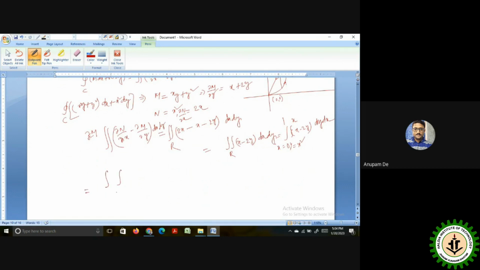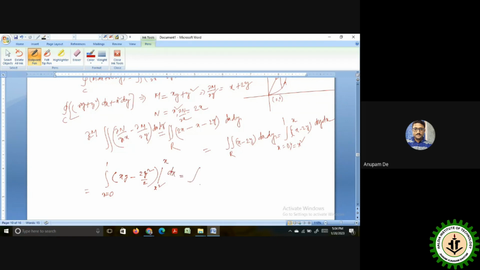So basically here you will have x equal to 0 to 1, then the rest of the part is xy minus twice y square by 2, with limits x squared to x, dx.